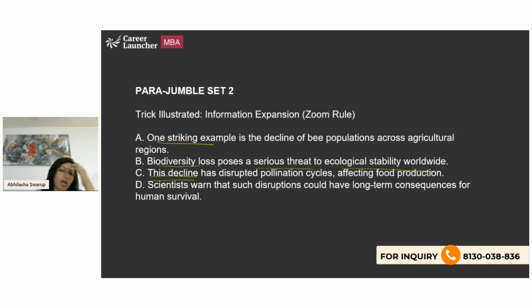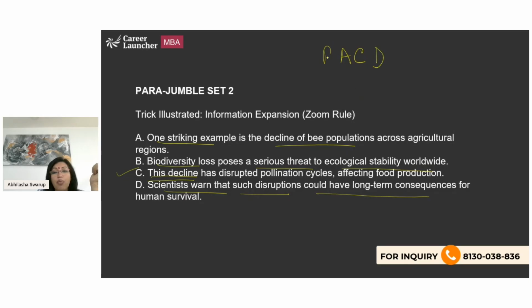This decline has disrupted pollination cycles, affecting long-term food production and all of that. I can see the connection between the decline of bee populations and this decline. So I know A and C will go together. Scientists warn that such disruptions could have long-term consequences for human survival. So that is the implication. So therefore that will come right in the end.